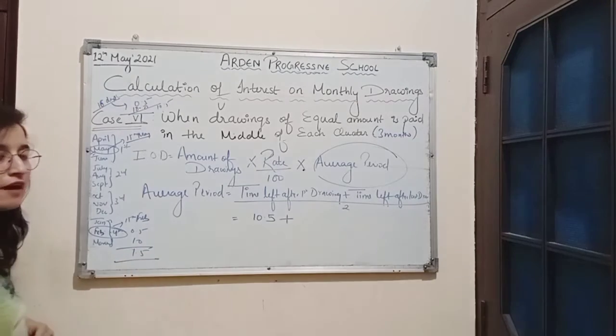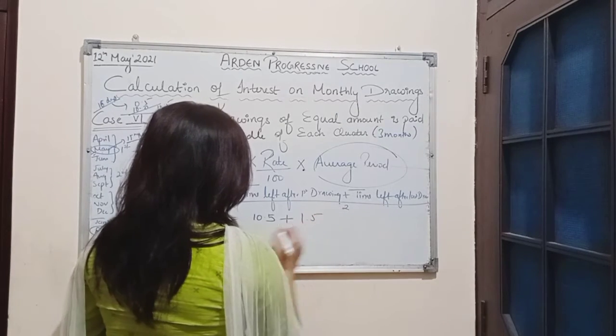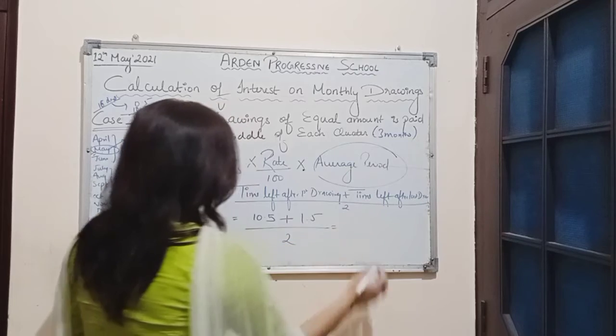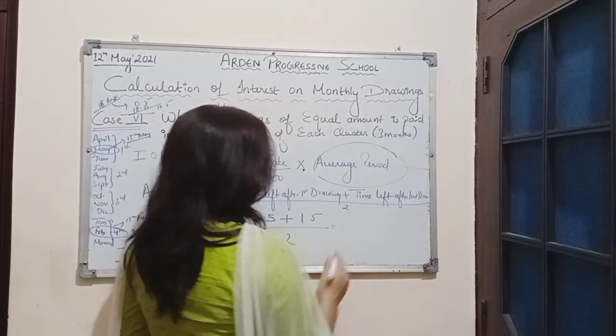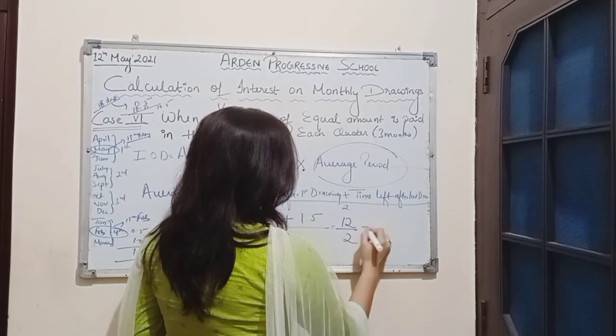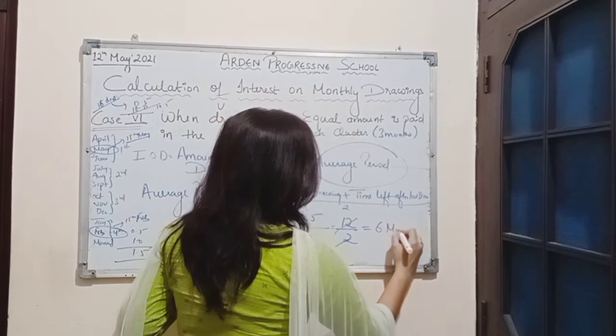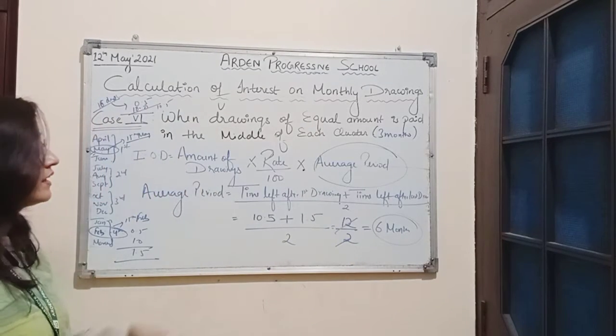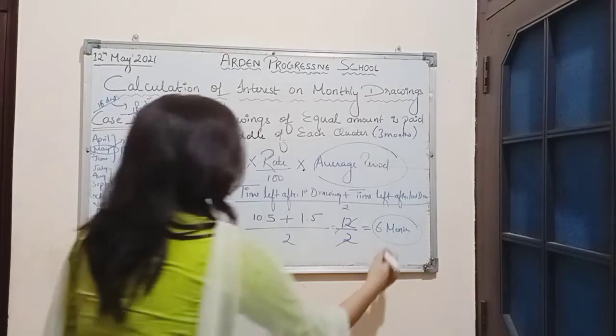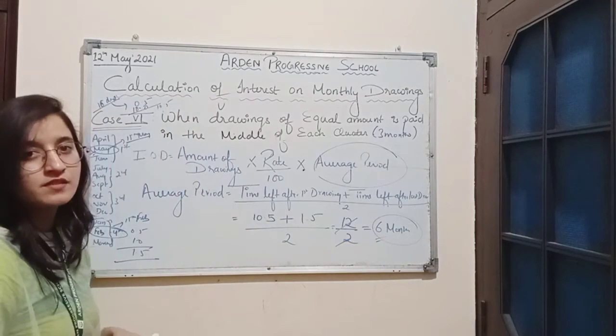So in total we have 1.5 months. By adding 10.5 and 1.5, we will get 12 divided by 2, which is 6 months. So average period calculated in this case will be for 6 months.